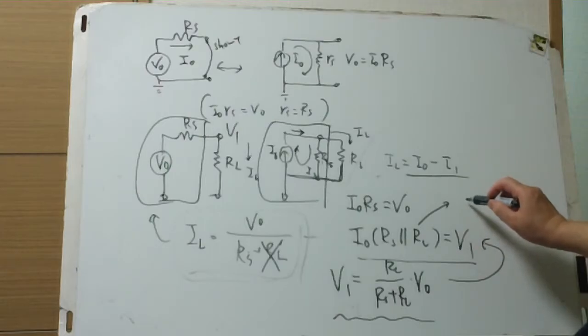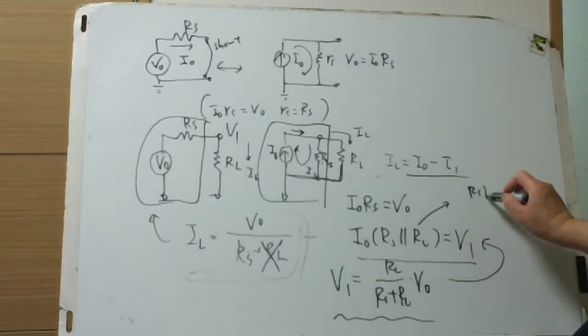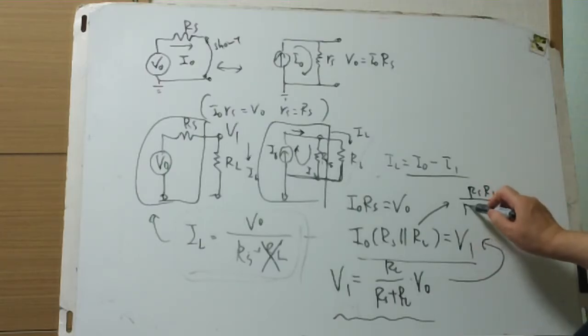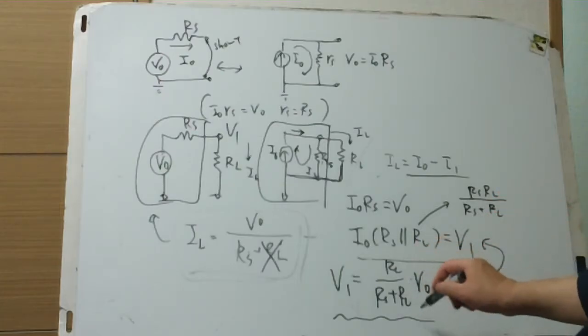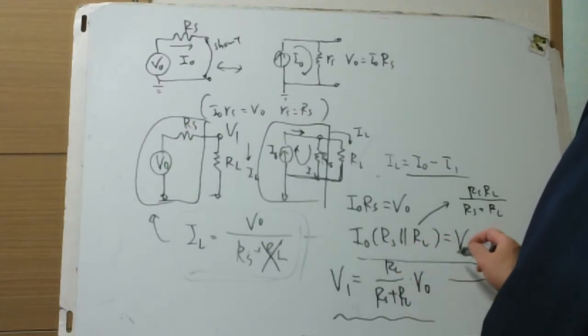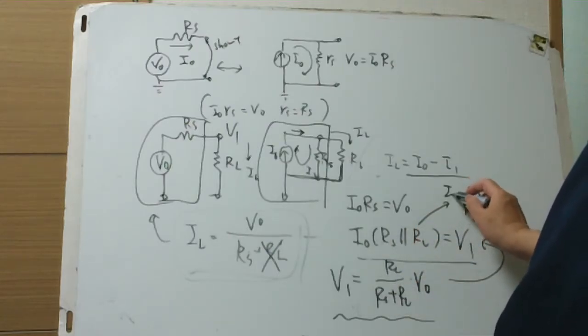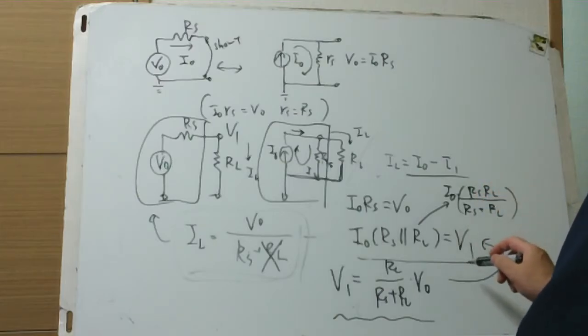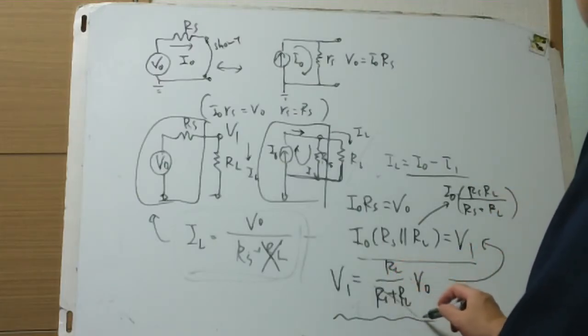So parallel resistance equals RS RL over RS plus RL. So this is cancelled. This equals this, and this is cancelled.